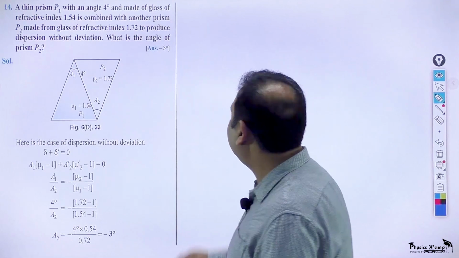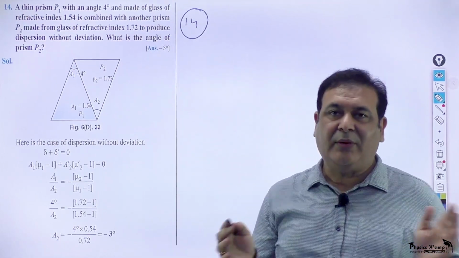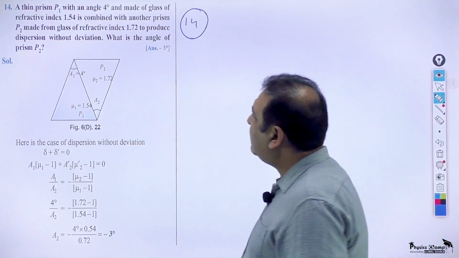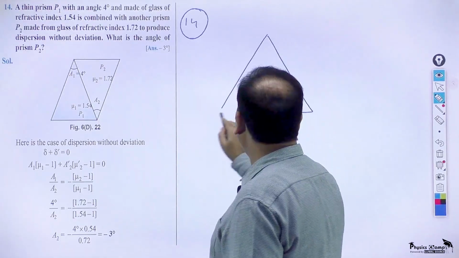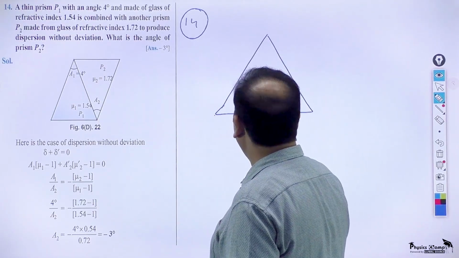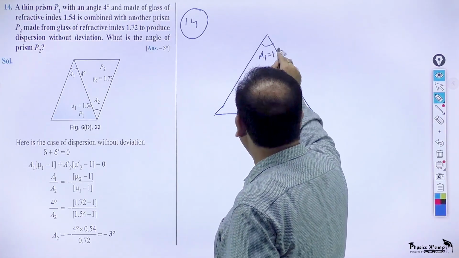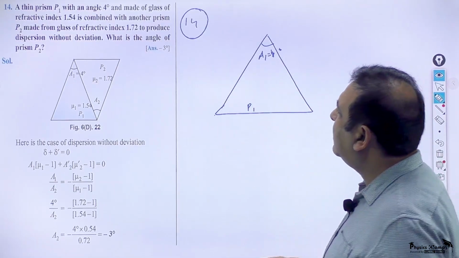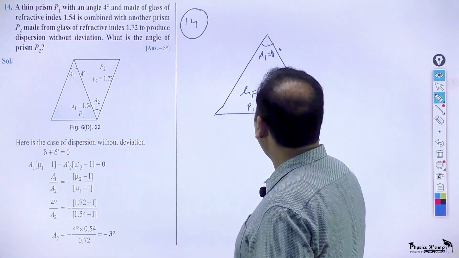Now let's come to this example number 14. It's a combination of two prisms placed invertedly. There is a thin prism P1 with an angle. So the first one is the prism P1 with an angle 4 degree. Angle of prism is 4 degree. And it has mean refractive index 1.54.